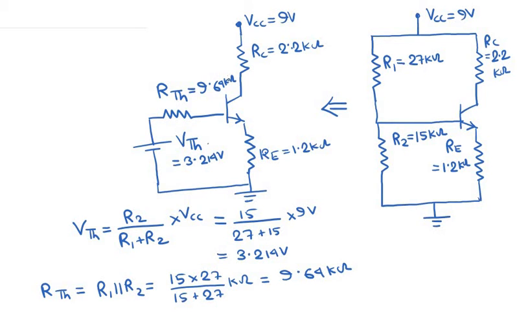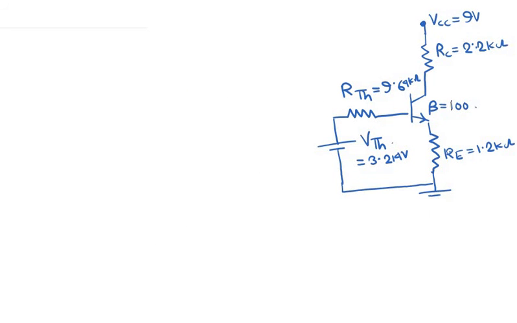Okay, and we need to analyze this circuit now. To find the DC values of the base current, we will be solving Kirchhoff's voltage law in this loop over here, just like we have done previously. We are writing Kirchhoff's voltage law in this loop drawn in red color.